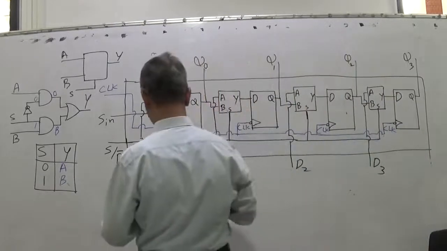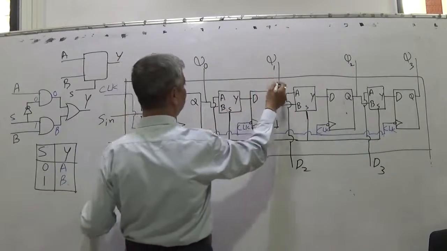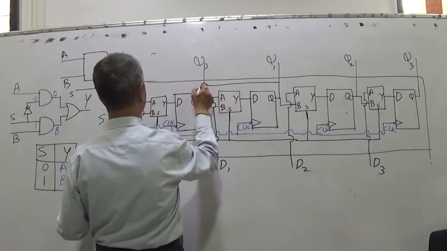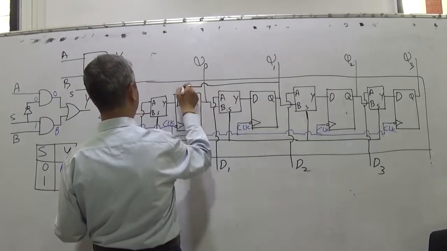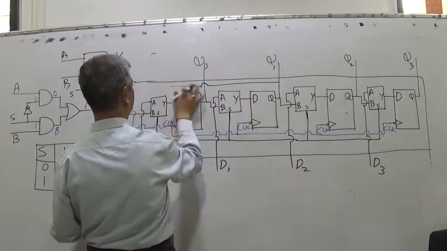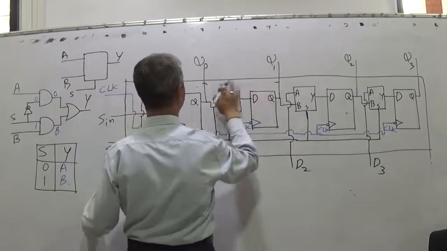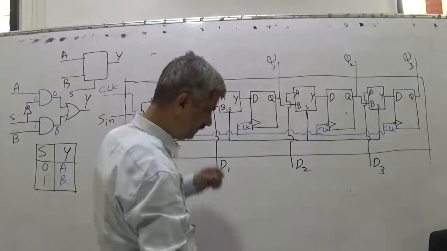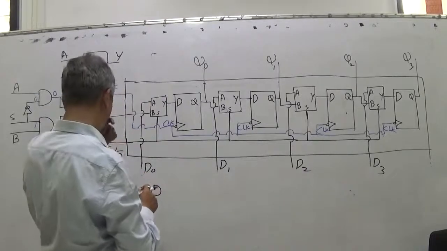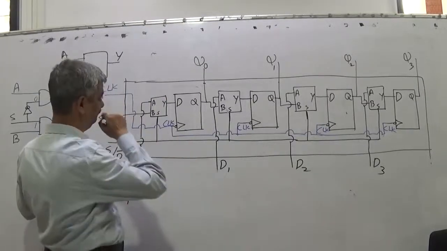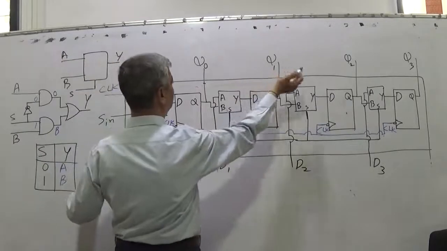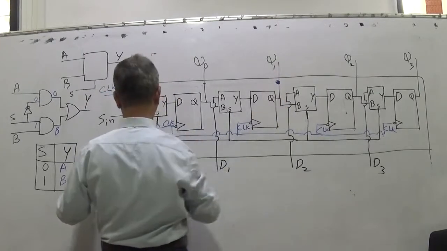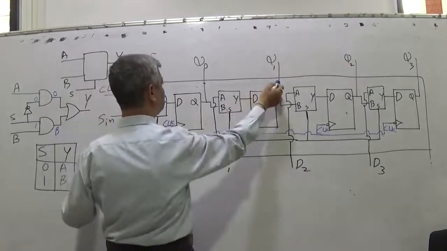What you will do is just have a small connection from Q1, or since it is too bulky, I am using a blue connection, and I am just showing like this.